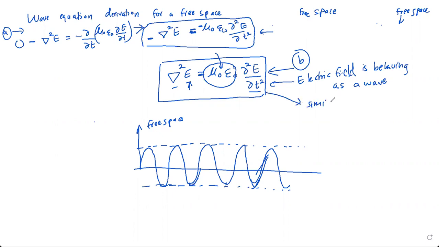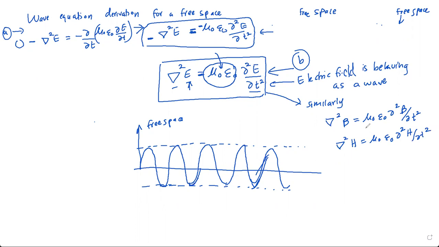Apart from that, similarly we can show that the magnetic field shows a wave-like behavior, right? The magnetic field's wave-like behavior we can show using this equation, or else we can write it also as the Laplacian of H equals mu naught epsilon naught del squared H over del t squared, right?